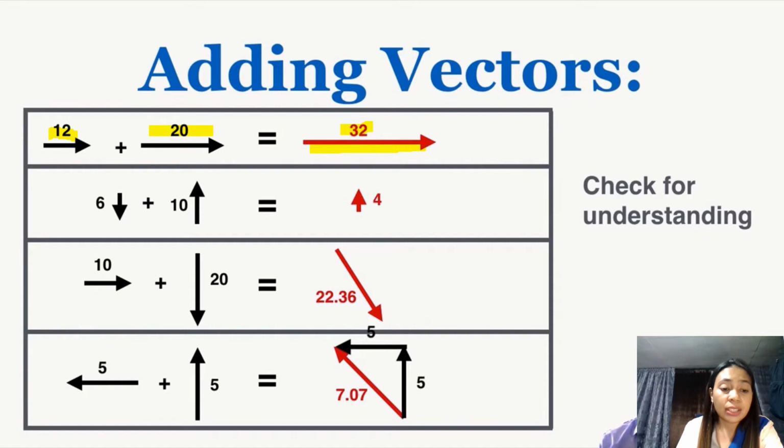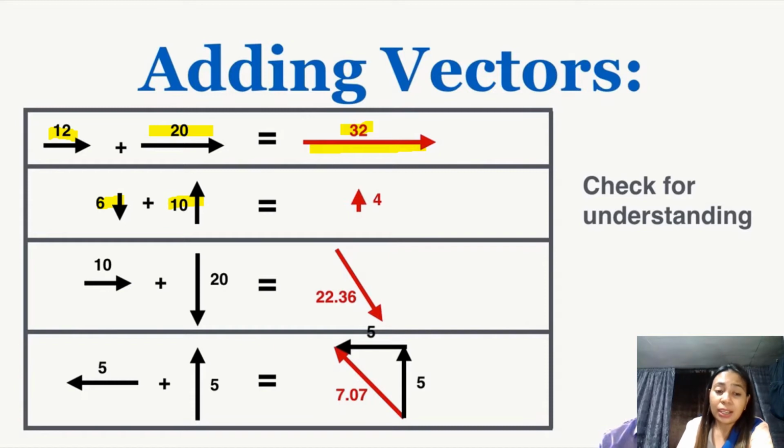Now, if you have 6 meters south and 10 meters north, you don't add the 6 and 10 to give you 16. You have again to see the directions. Getting the directions now involves the sign, especially the integers in your grade 7.